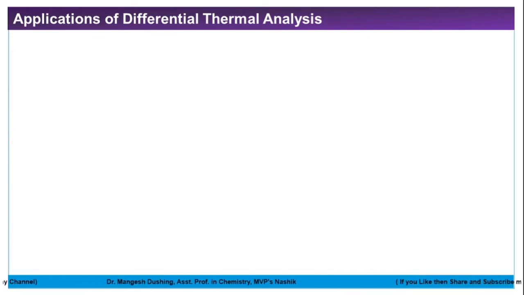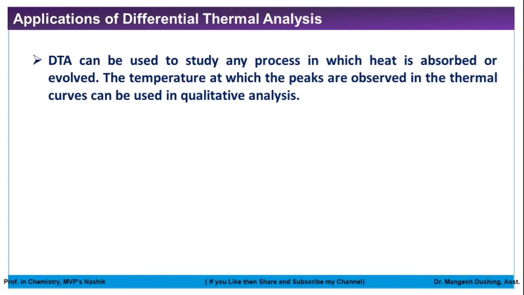What are the applications of differential thermal analysis? Differential thermal analysis finds the following applications. First one is DTA, that is differential thermal analysis, can be used to study any process in which heat is absorbed or evolved.